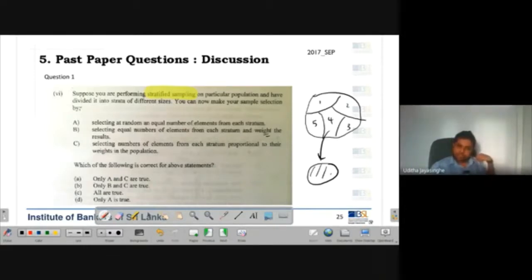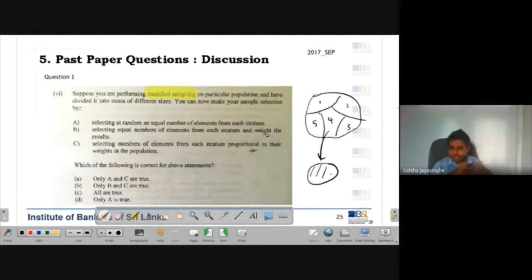Now, both B and C are going to give you a bit of the same idea, isn't that so? You select the items, either you weight them, or you take the proportions and then take the items. This is the broader idea of stratified sampling. But if you really look into answer A, what's the only issue you can highlight there?